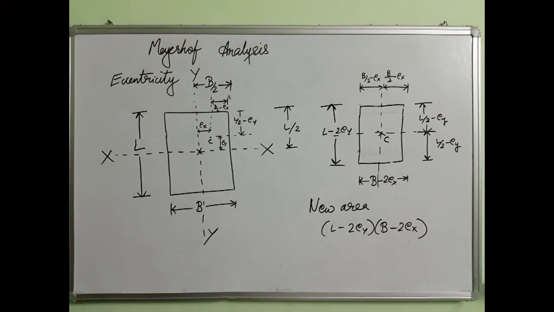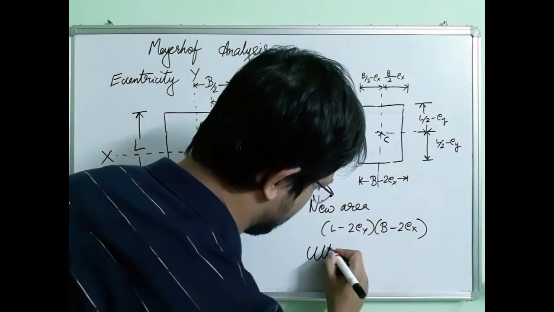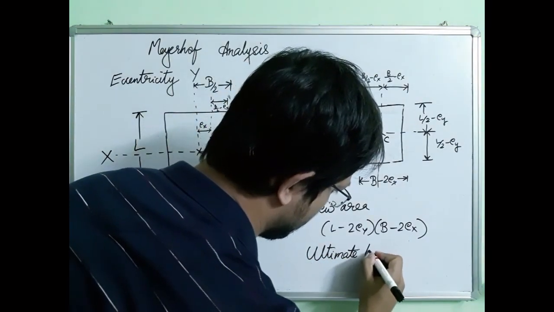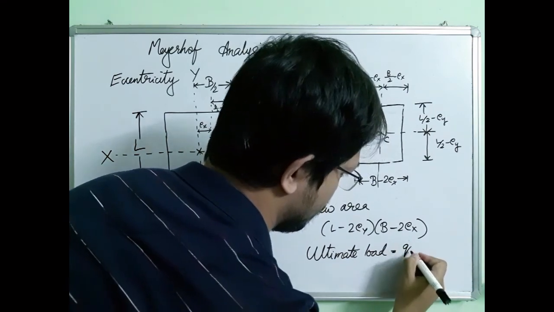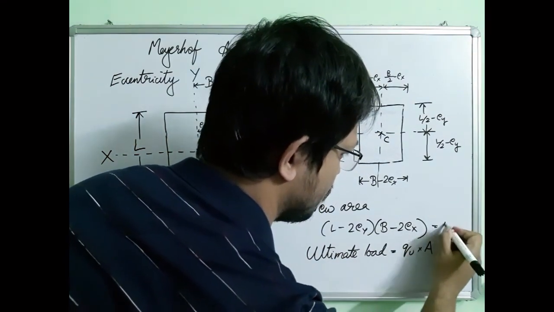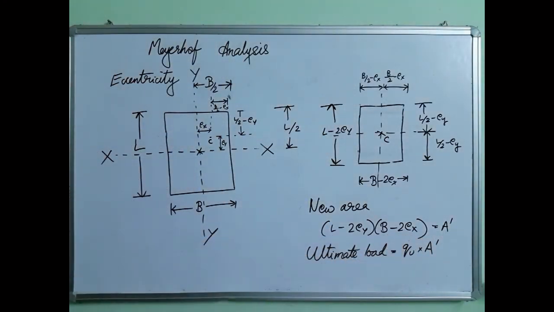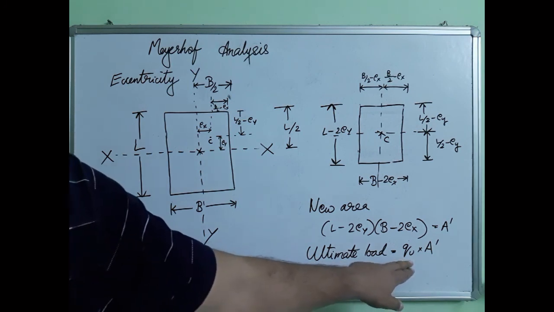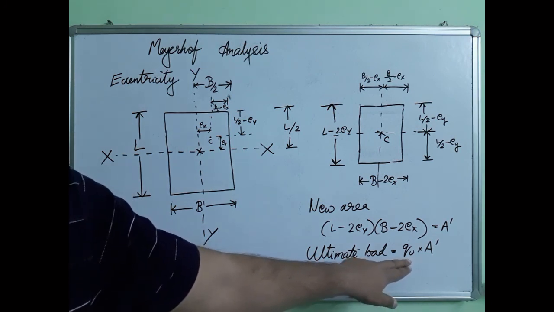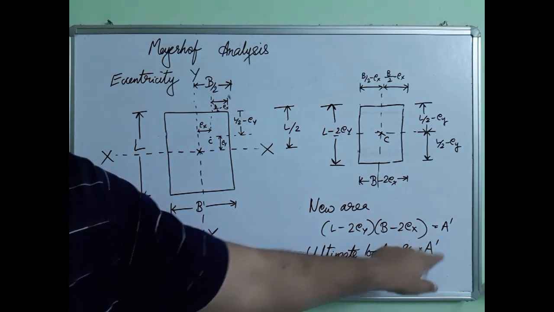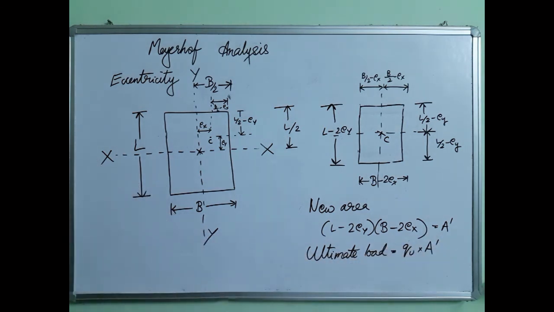Now we can find out the ultimate load. If A dash is the new area, and Qu is the ultimate bearing capacity that we have obtained, then Qu into A dash will give the ultimate load.